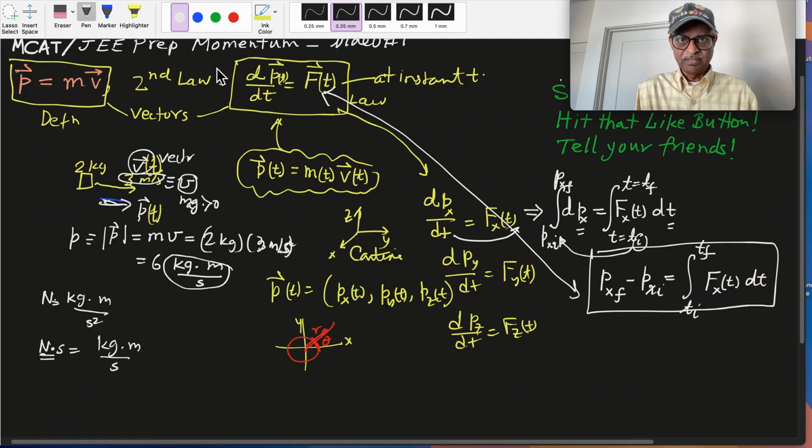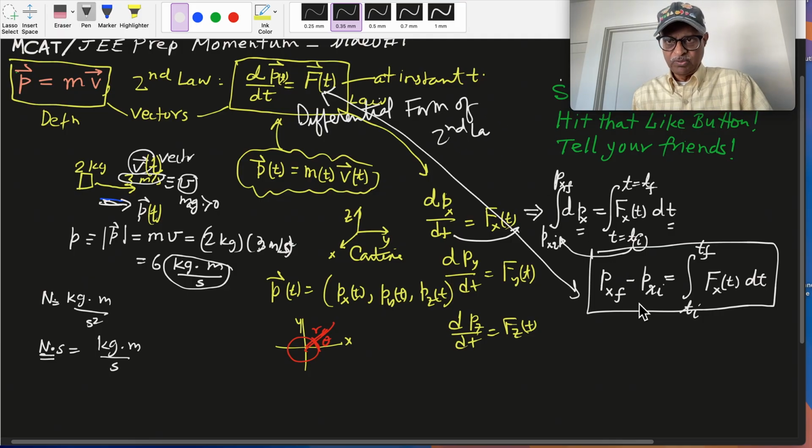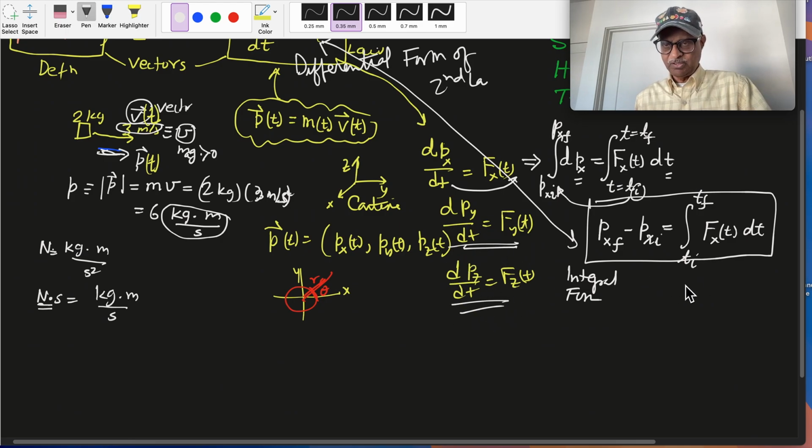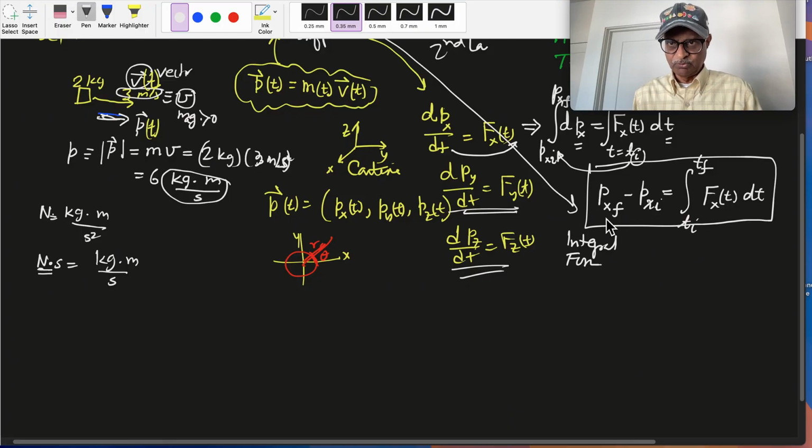So this is the same as that. When you write it this way, you say I'm writing the differential form of the second law. When you write it like that, you say I'm writing the integral form. There will be three of these, one for x, one for y, and one for z. So you can put them together in a compact way.